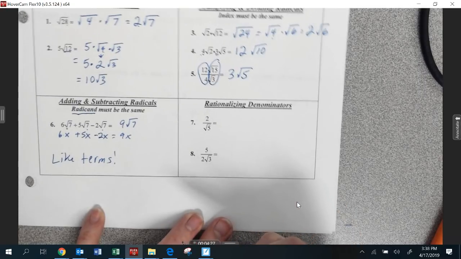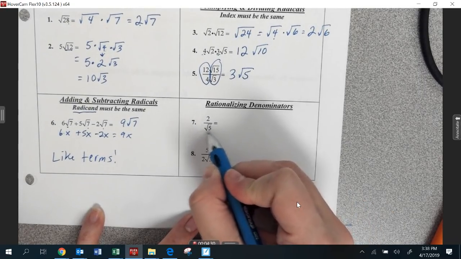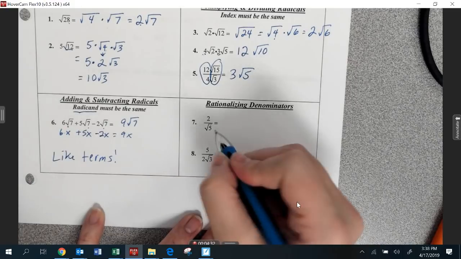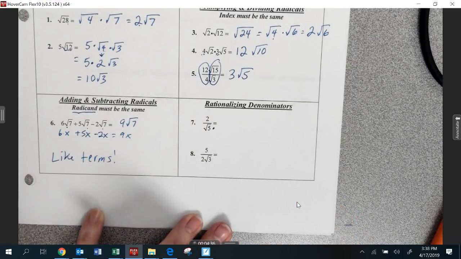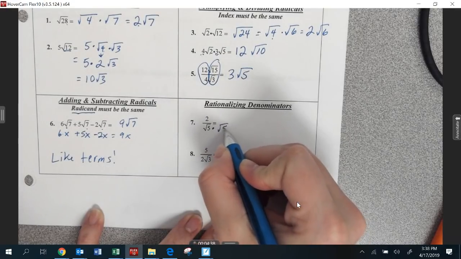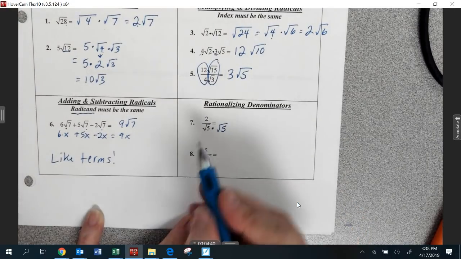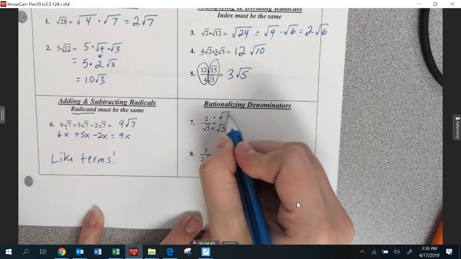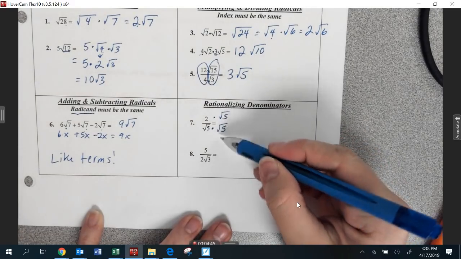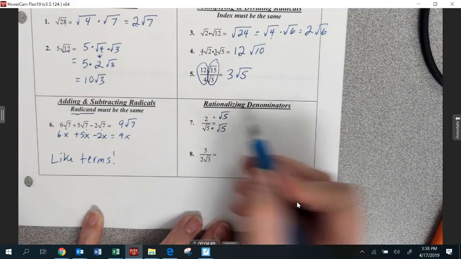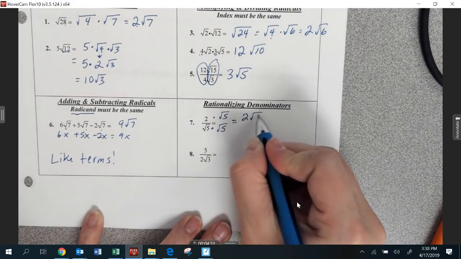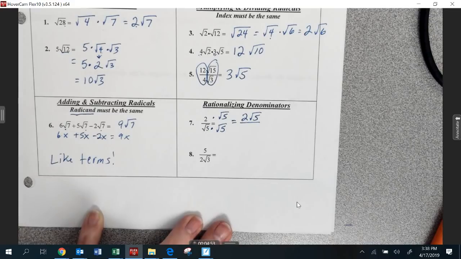And then finally, with rationalizing denominators, your goal is to get the radical out of the denominator, but without changing the value here. So you're going to multiply strategically by the radical that already exists there. So I'm going to multiply by radical 5 to match this one on top and on the bottom. Since I'm multiplying by the same thing, I won't have changed the value. I can't multiply 2 and 5 together to get 10, so I'll just put 2 in front as a coefficient.